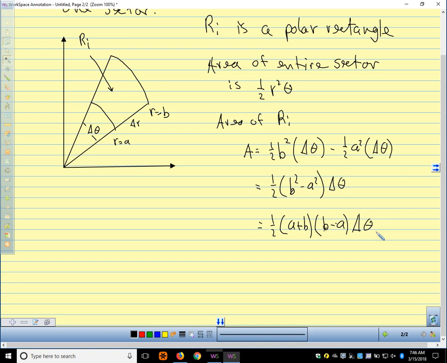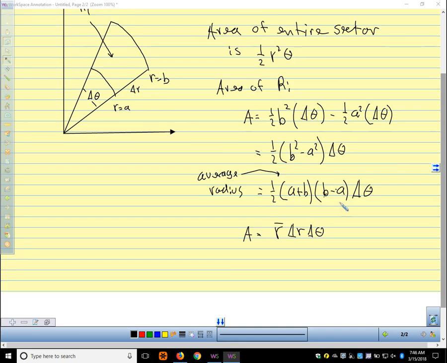That's the average radius. So in that region, that's the average radius, this quantity. So we're going to write our area equals r bar, meaning the average radius, times b minus a, which is delta r, times delta theta. So that's going to be the area of that region: the average radius times delta r times delta theta.